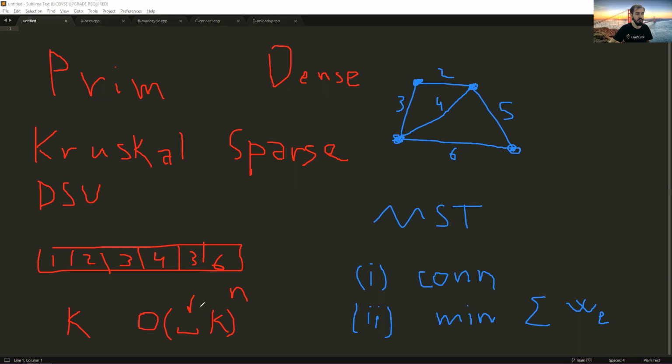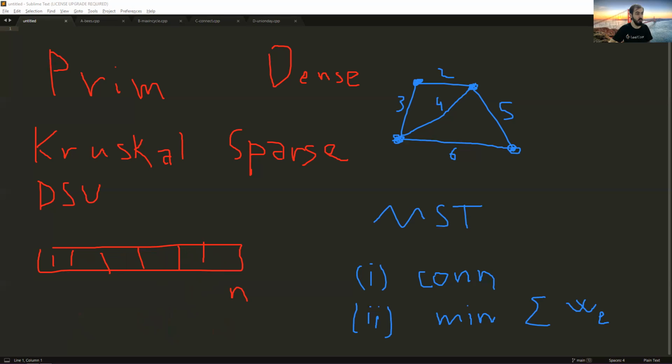Strictly speaking, it's not a constant, but it is in practice, okay? If you are interested in this disjoint set union, you can find some material online, or maybe we'll talk about it later in a separate video, and it will explain what exactly goes on with this constant, which is not really constant, okay? So it's a pretty efficient way to query for the current sets and unite sets.